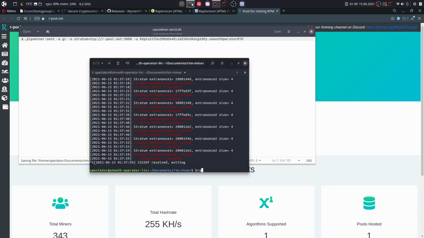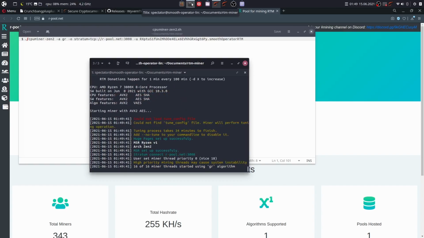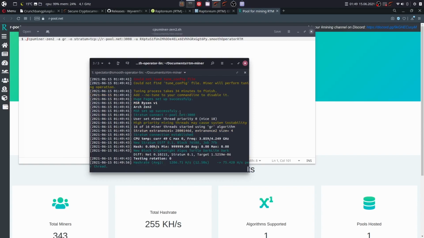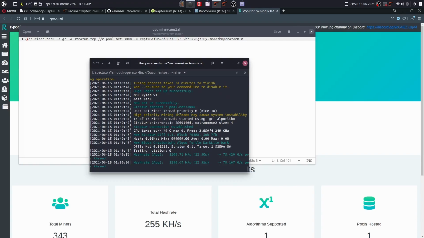Let's try now. Seems like everything is working fine. And yes, the miner is mining, no error. Dashes in worker name are not supported. Lovely.